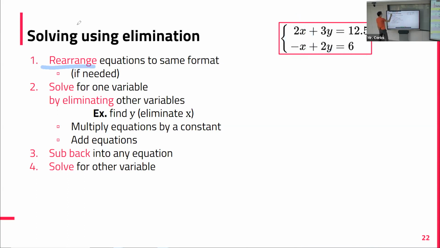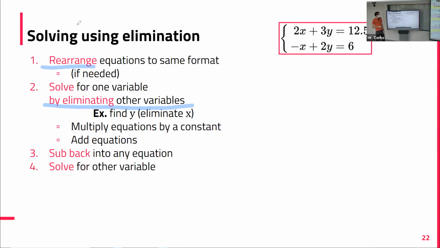The next step is solving for one variable by eliminating the other variable. We do this with our two operations: multiplying or dividing some equation by a constant, and then adding or subtracting the equations to do the eliminating part. So if you look at this, which variable would you eliminate?